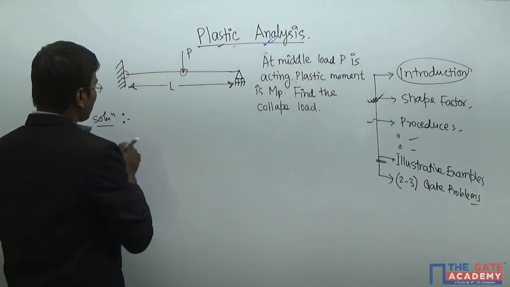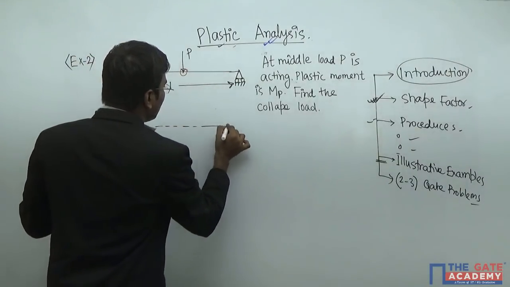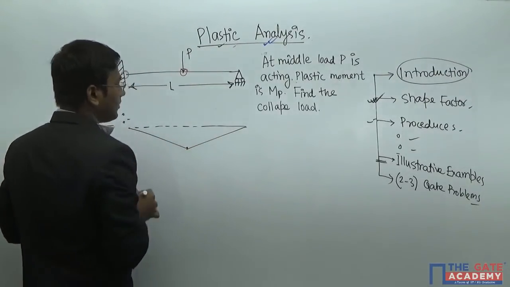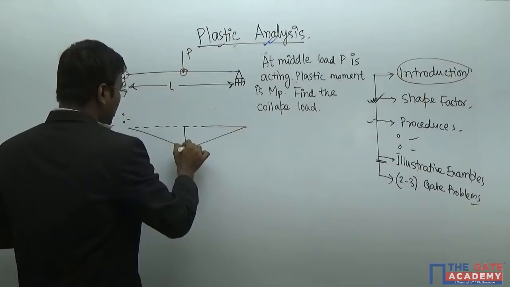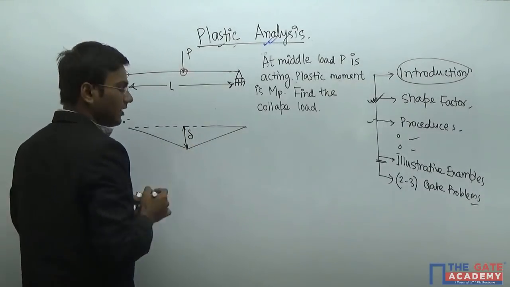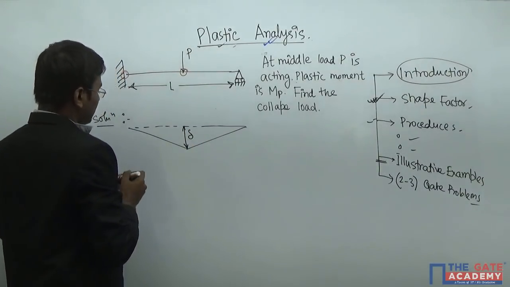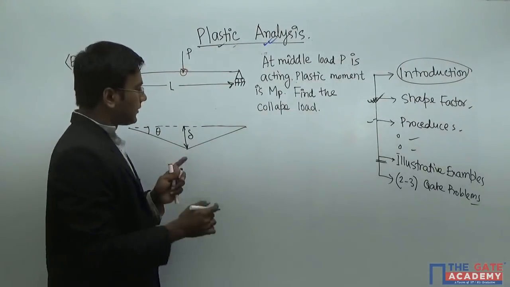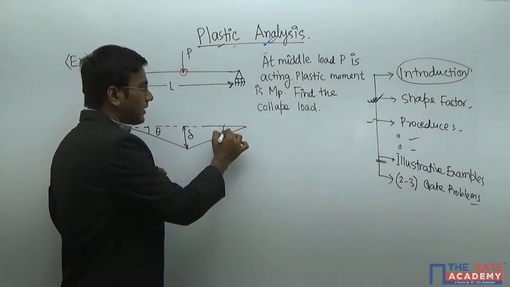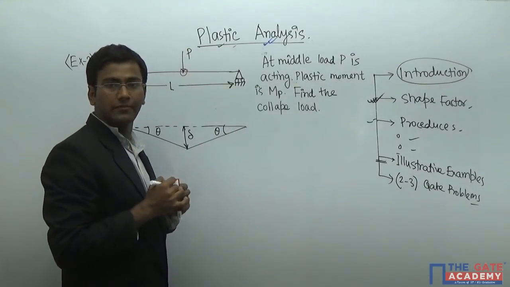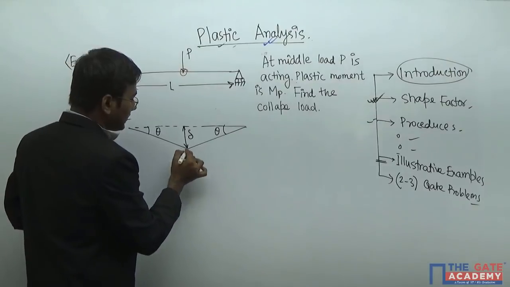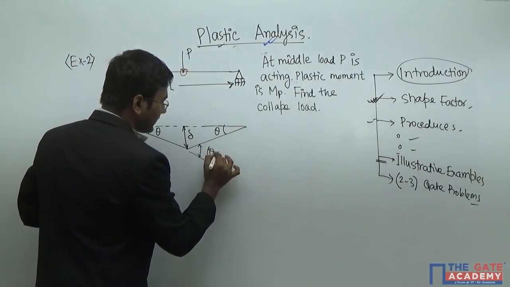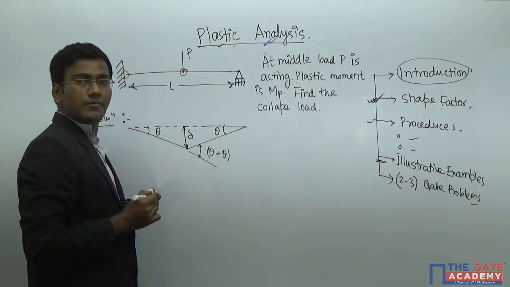So again draw the diagram like this. This will be the total deflection delta. This is angle theta. Due to symmetry, the same angle theta will come, and this angle will be theta plus theta, right?